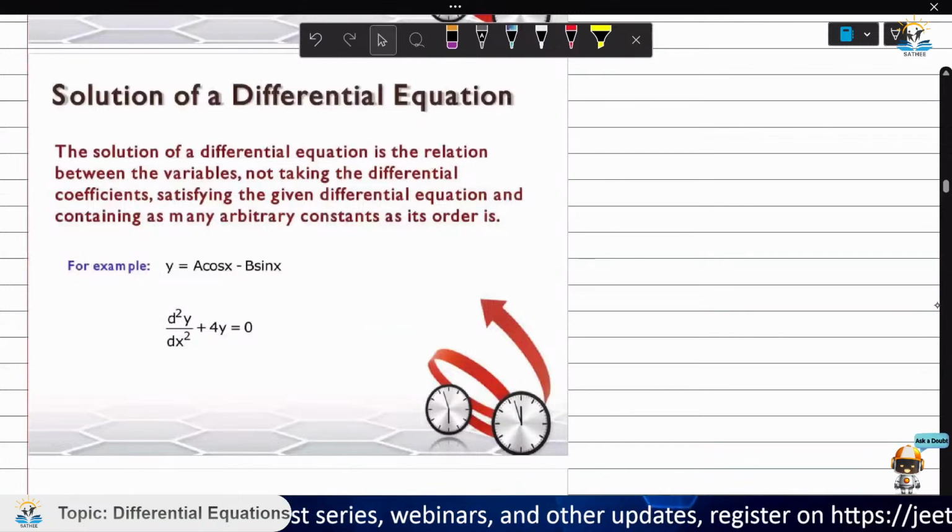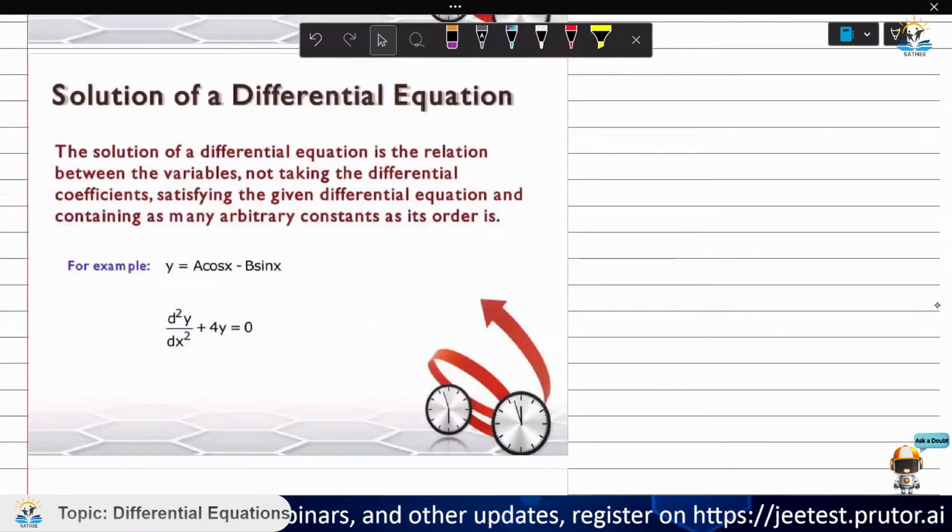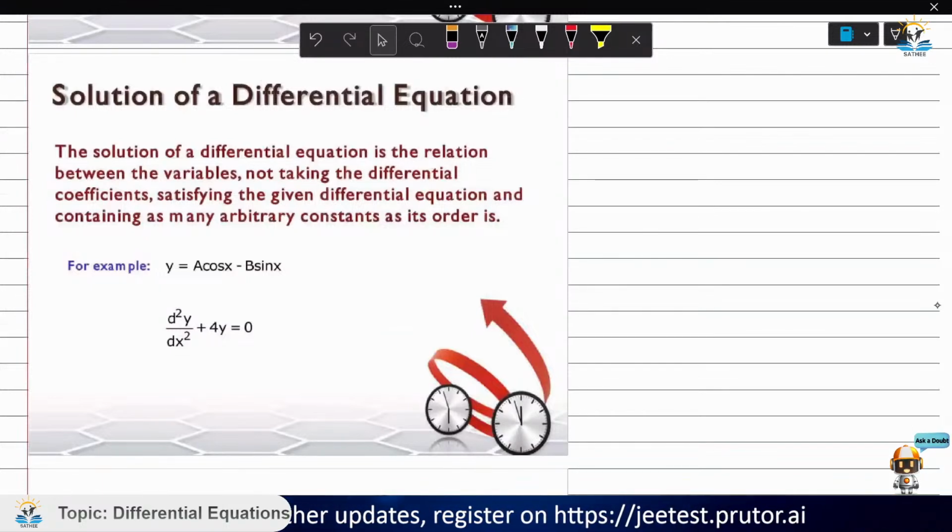Okay, so now we move on to how we solve a differential equation. Basically, the solution of a differential equation is an equation between the variables without the differential itself.